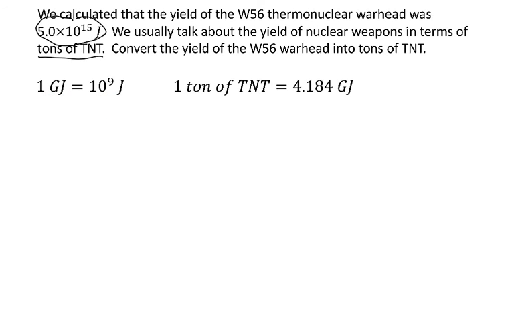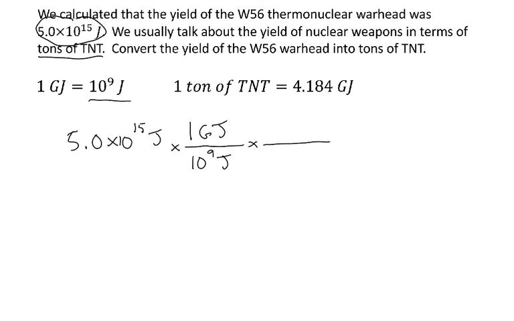Right? So all this is a unit conversion problem. I've got the 2 conversion factors I need. So all I need to do is take my 5.0 times 10 to the 15th joules. I want to get rid of joules, so I'll put the 10 to the positive 9 joules on the bottom and 1 gigajoule on top. Now I want to get rid of the gigajoules, so I'll put the 4.184 gigajoules on the bottom.